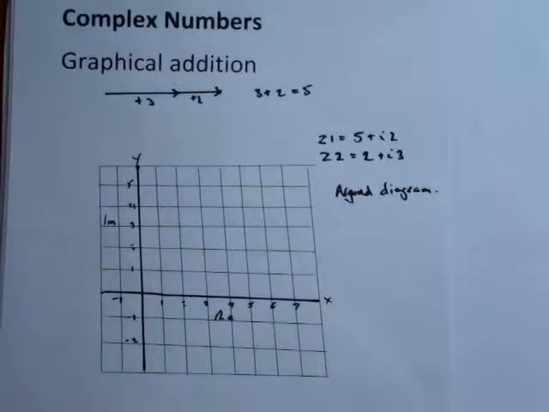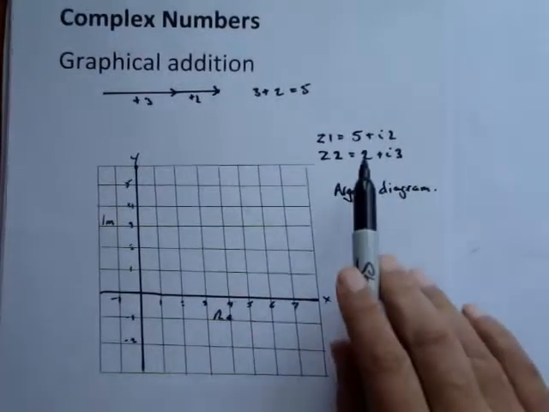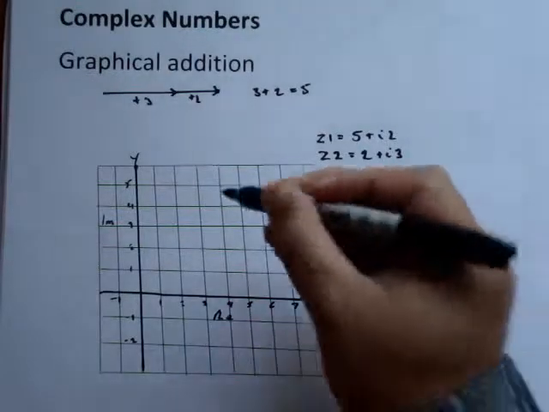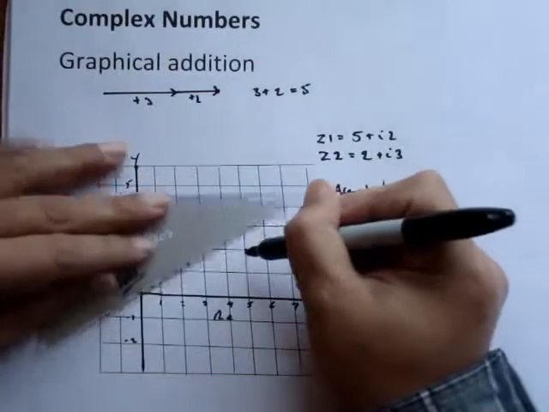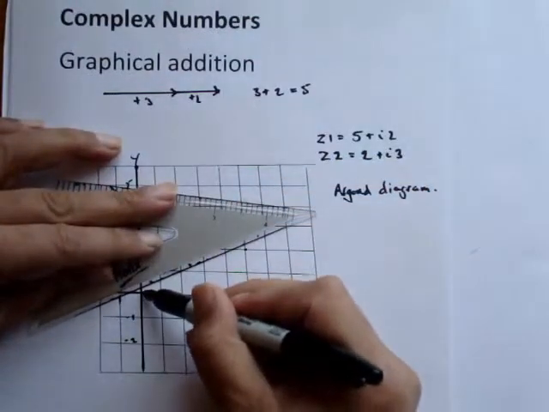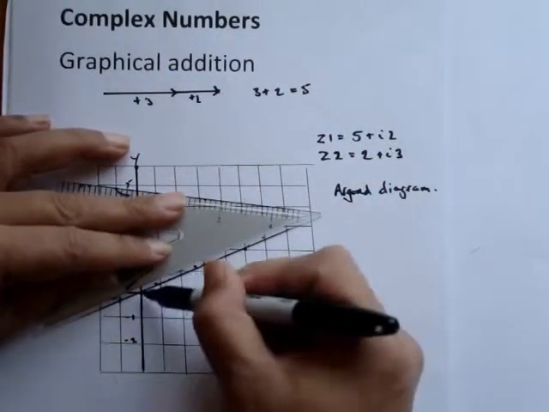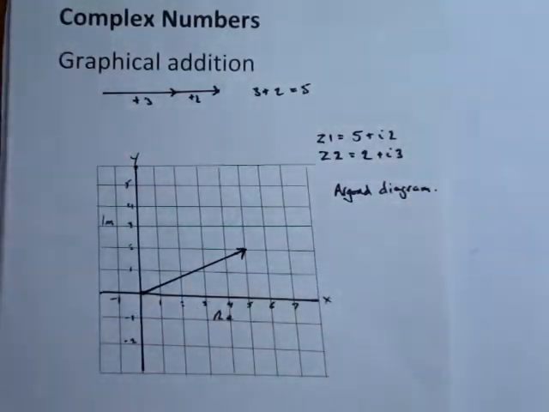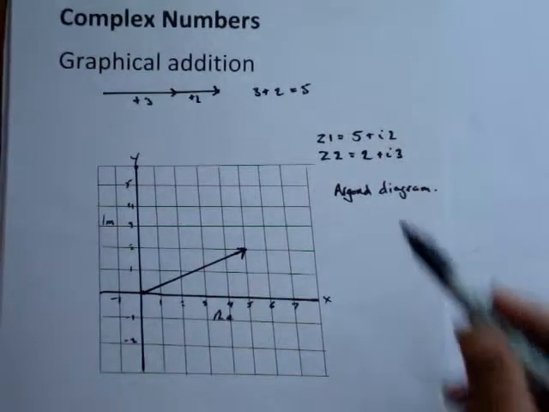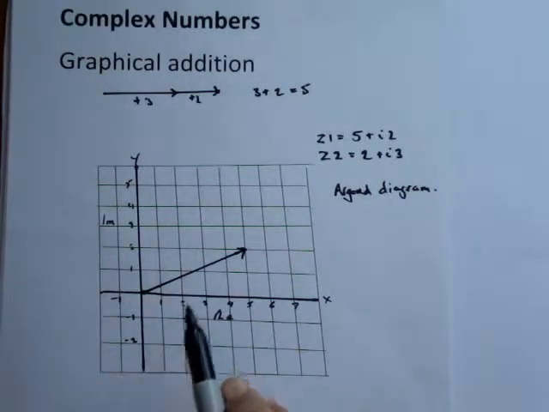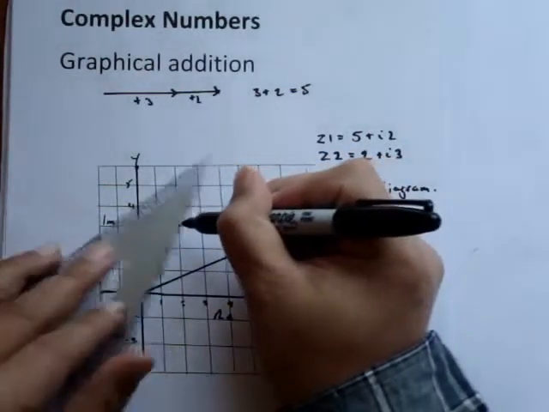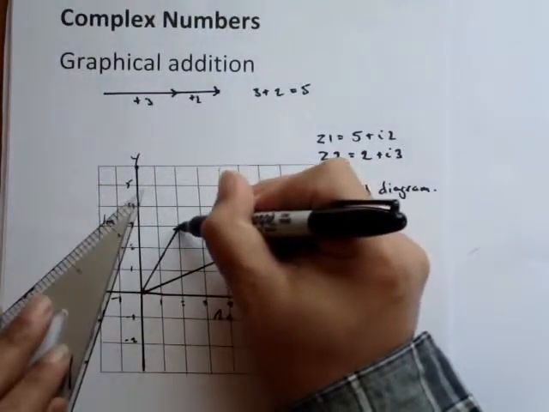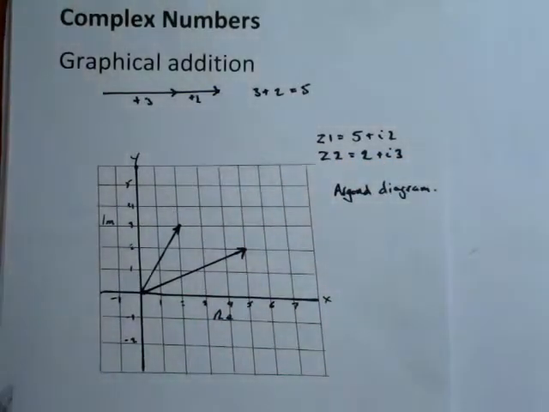So we draw this first vector z1, so that's 5 along the real axis and 2 along the imaginary axis, which is there. So from the origin we draw the vector to that point. Then we want z2, which is 2 along the real axis, 3 along the imaginary axis, from the origin up to there.